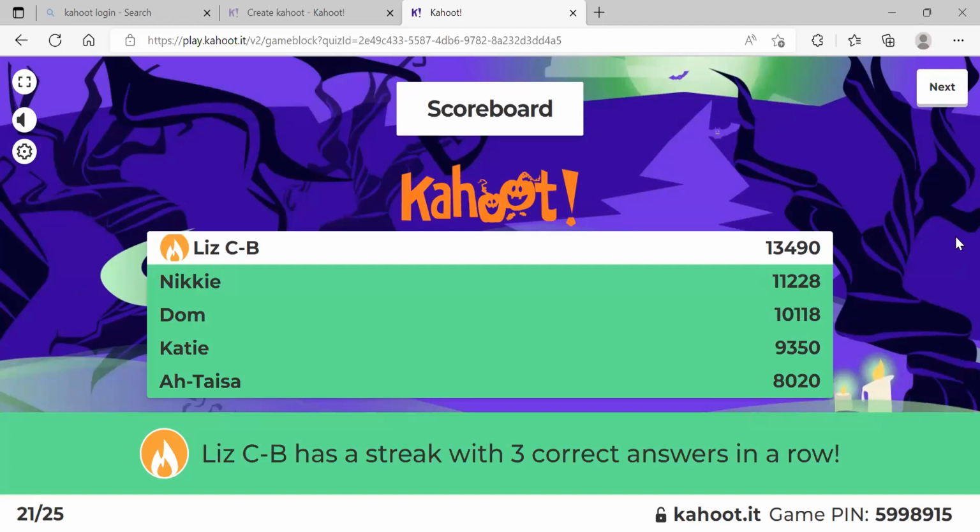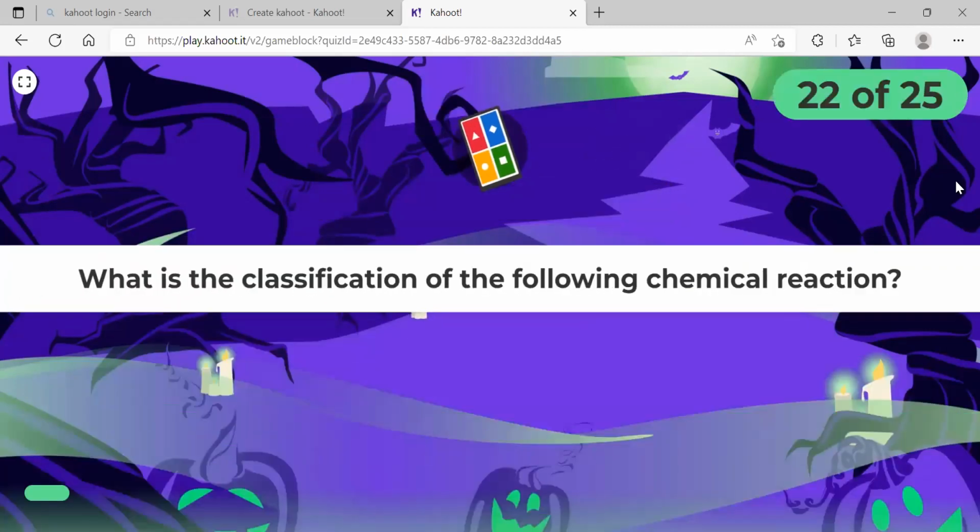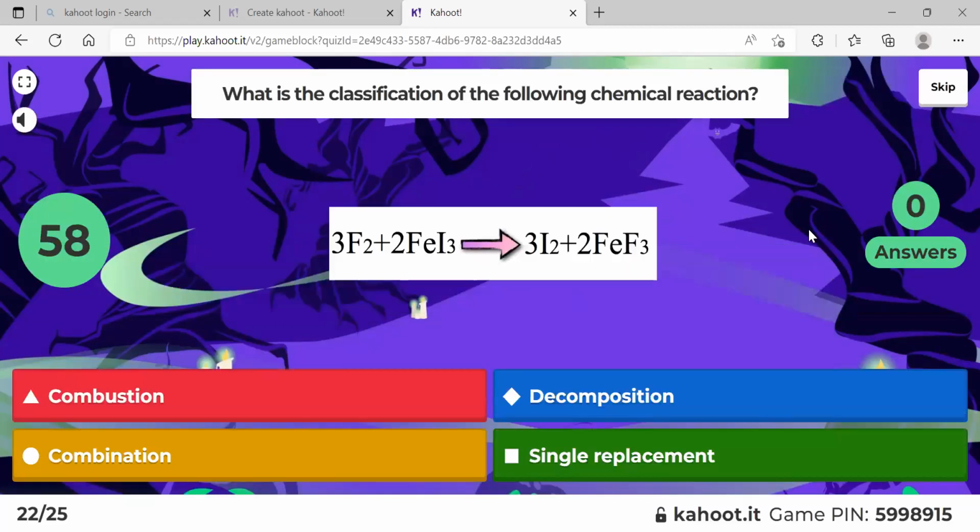There you go. Liz has 3 in a row. Great job. Let's move on to question 22. Another classification. We have molecular fluorine reacting with iron 3 iodide. And then we see that in the product, the iodide is by itself. And now the fluorine took the place of the iodine.